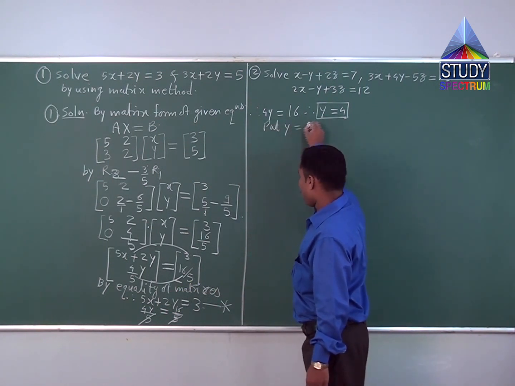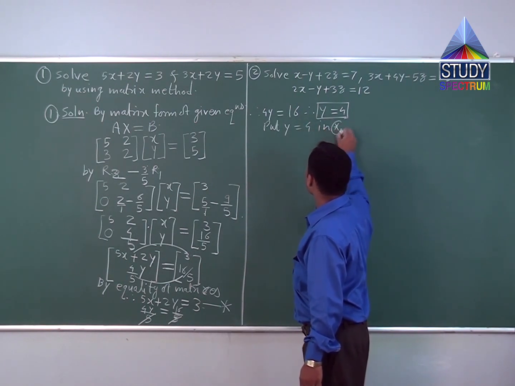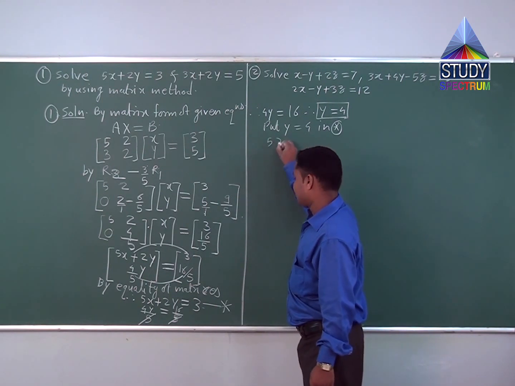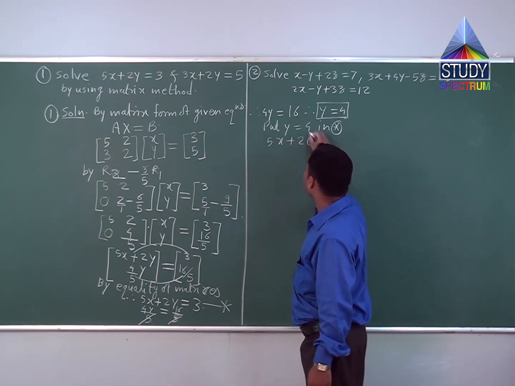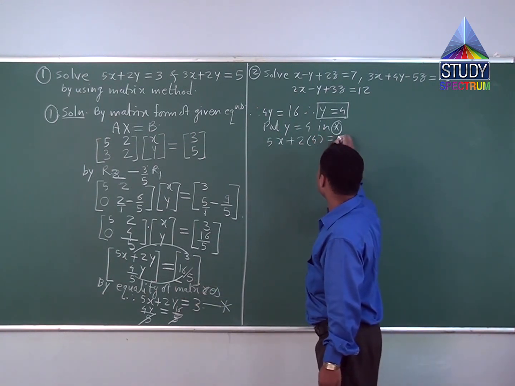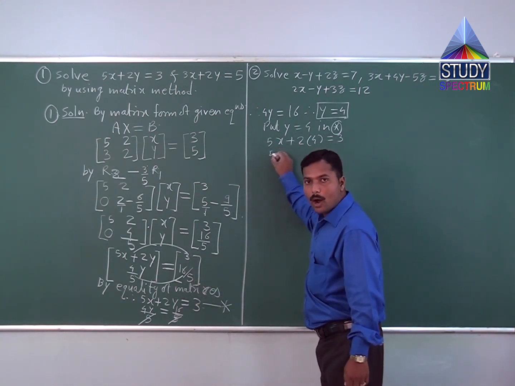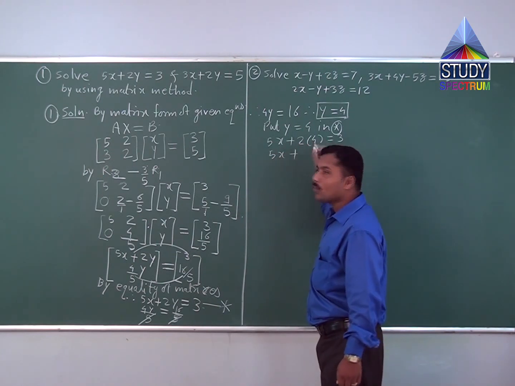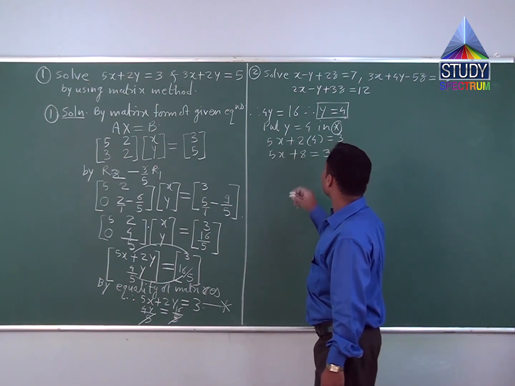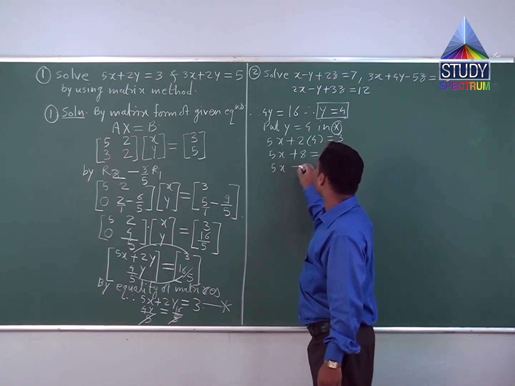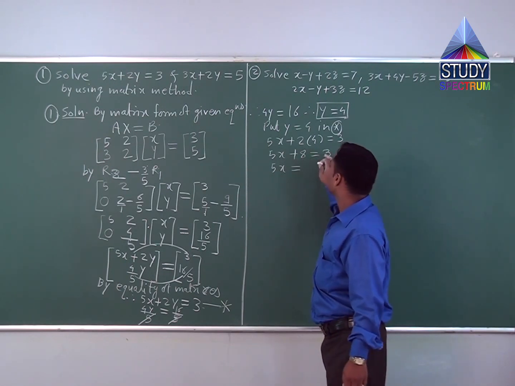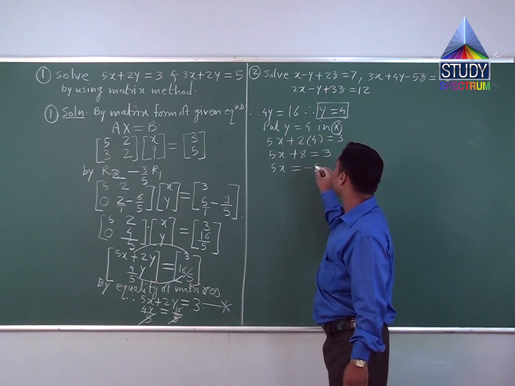Put y equal to 4 in the starred equation. What happens? 5x plus 2 into y, y equal to 4, equal to 3. 5x plus 2 into 4, 8, equal to 3. 5x equal to, this 8 shifts to the right hand side, so 3 minus 8 means minus 5.